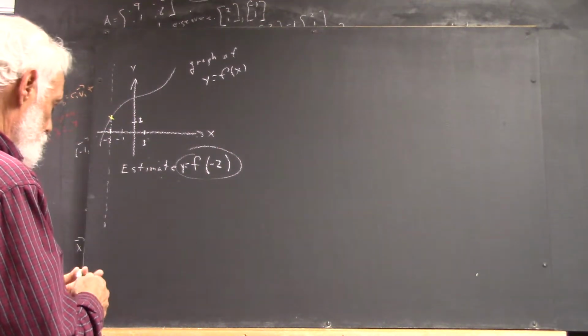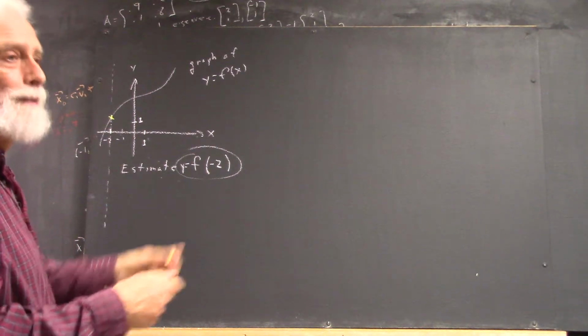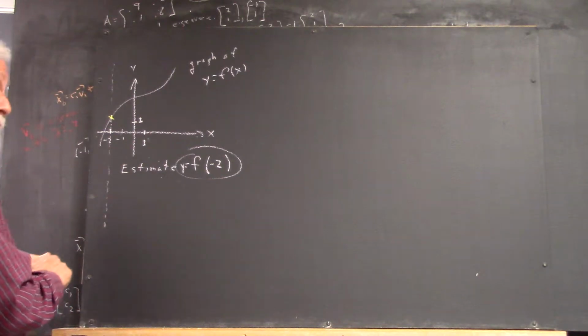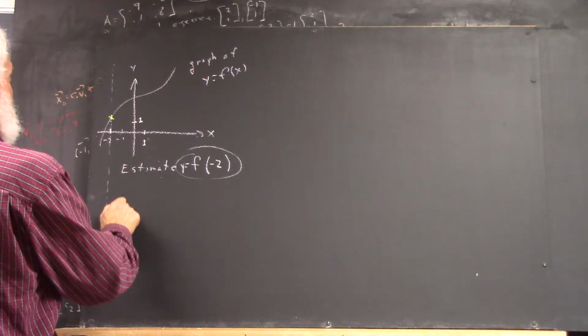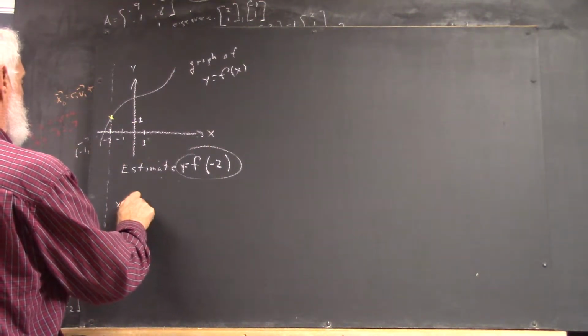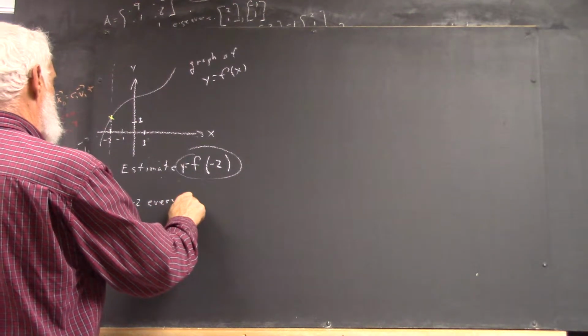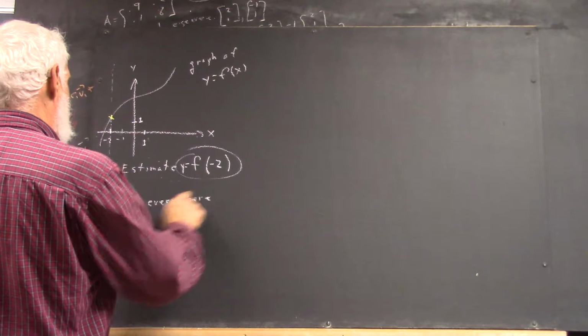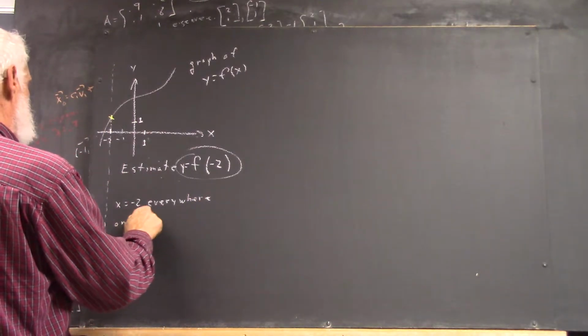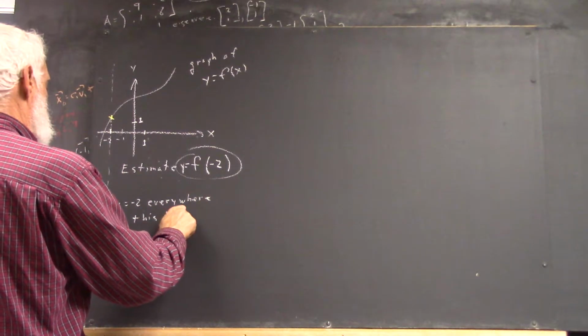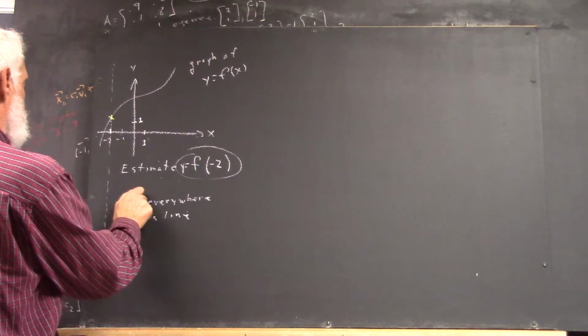And I'm going to say this, which may be more than I should say, but I think you're pretty smart. You can understand this, okay? X is -2 everywhere on this line, right?